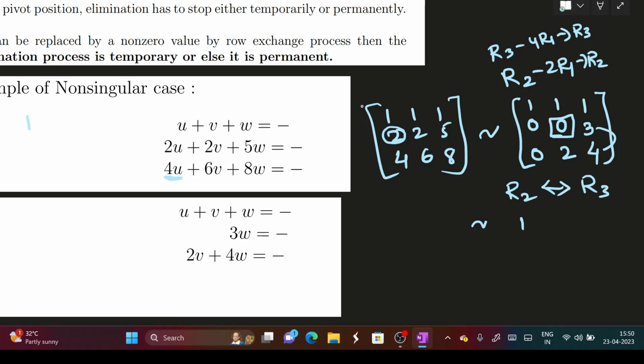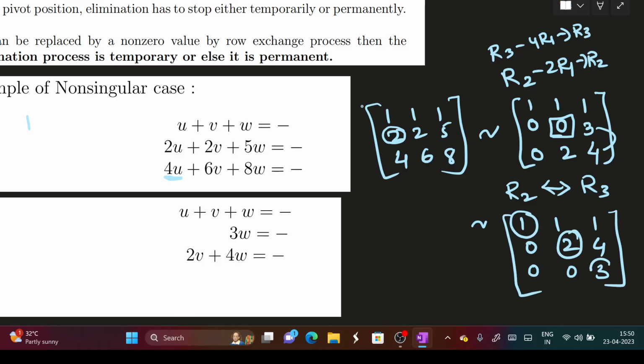Then what I am getting? 1, 1, 1, 0, 2, 4, 0, 0, 3. Again I got my pivots existing, non-zero pivots. All the three pivots are non-zero. That means my system of equations' elimination process breakdown was temporary.